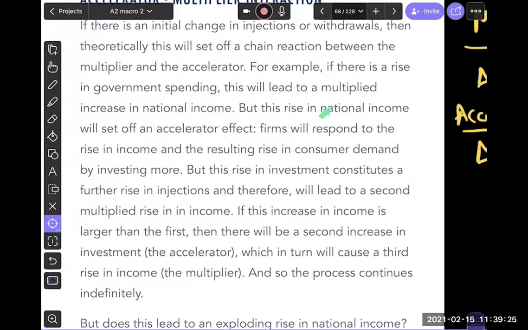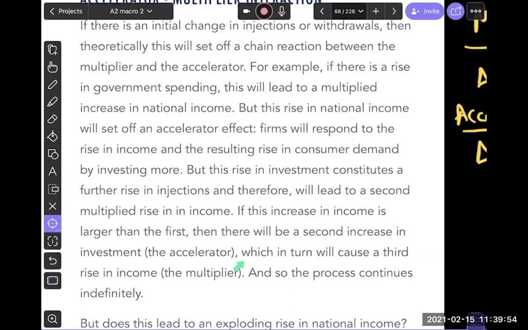But this rise in national income will set off the accelerator, because whenever GDP goes up, firms will respond to the rise in income and the resulting rise in consumer demand by investing more. But this rise in investment will constitute a further rise in injection, and therefore will lead to a second multiplier increase. So G went up, Y went up, Y went up, through the accelerator I went up, again Y went up, and this increase in national income will be larger than the first one.